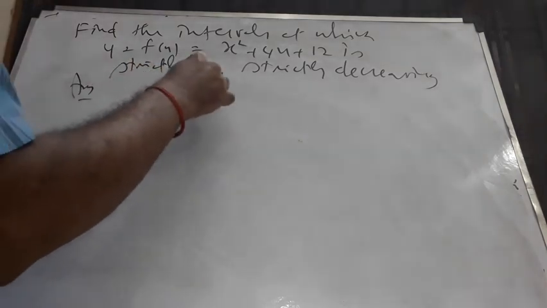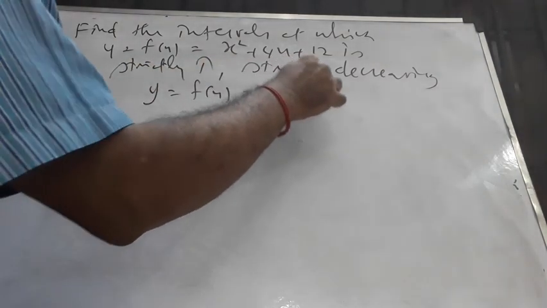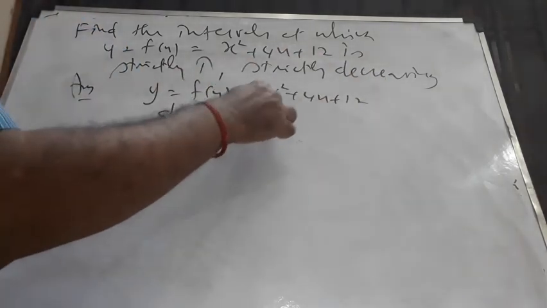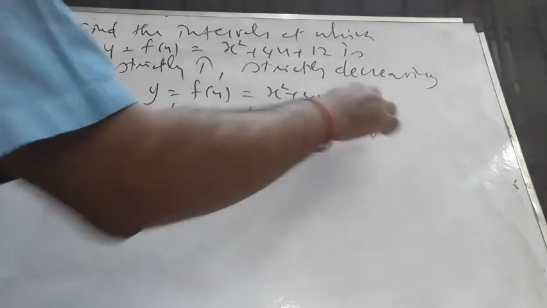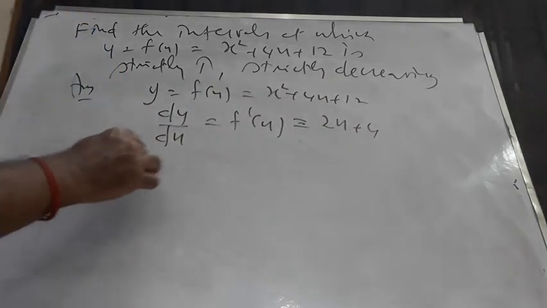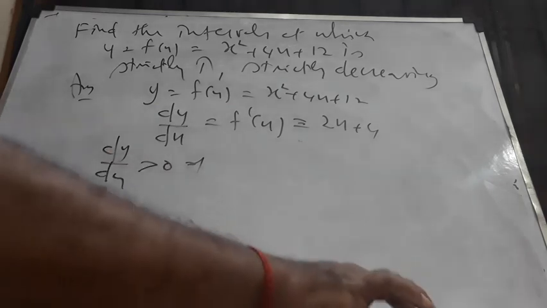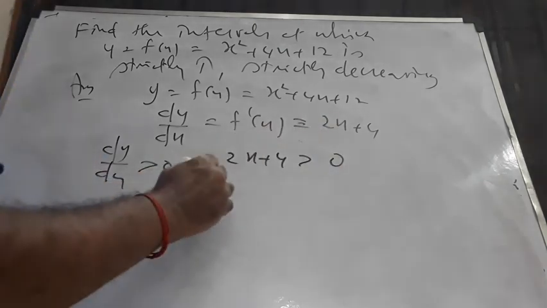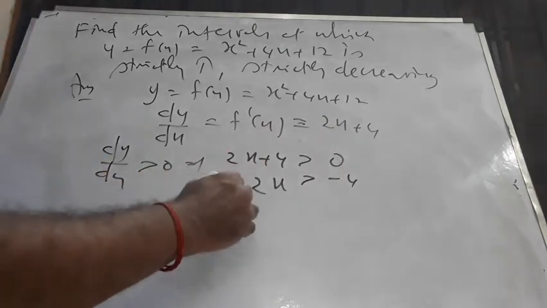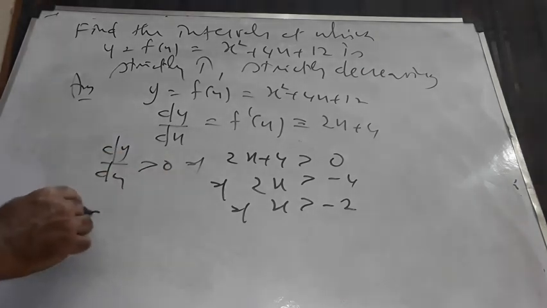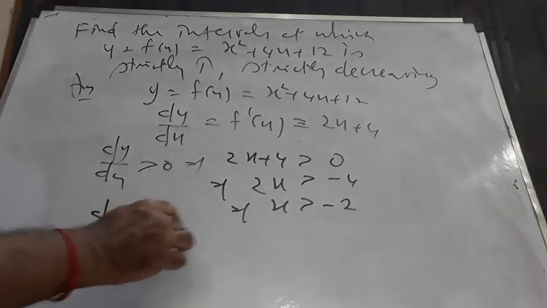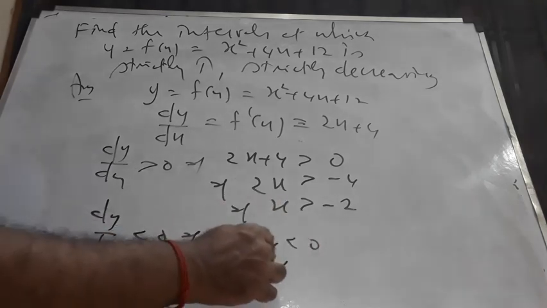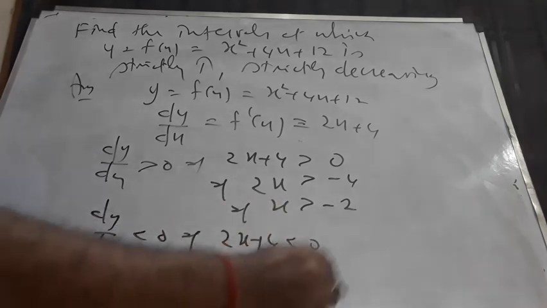Now, dy by dx equal to f dash of x equal to 2x plus 4. If dy by dx is greater than 0, I will get 2x plus 4 greater than 0, which implies 2x greater than minus 4, which implies x greater than minus 2. If dy by dx is less than 0, similarly 2x plus 4 less than 0, 2x is less than minus 4, x less than minus 2.